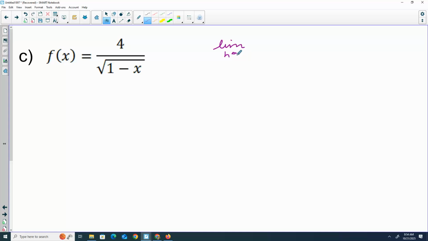The limit as h approaches 0, f of a plus h minus f of a all over h.